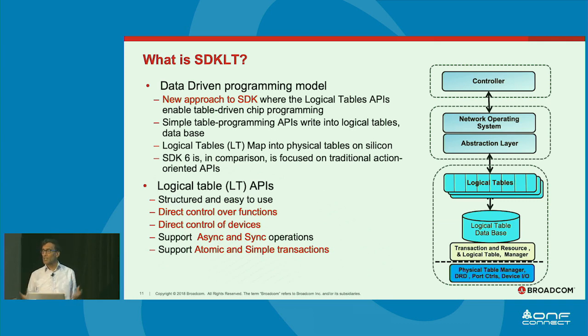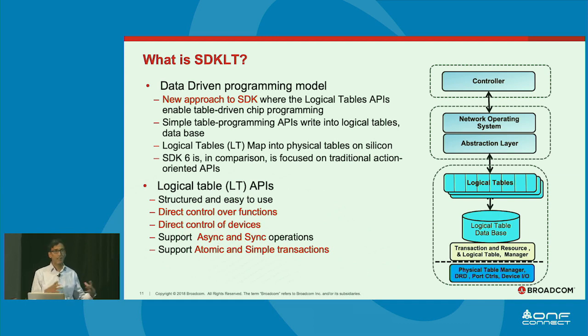The other is that because you want to do model-driven and automated ways of doing things, can we give a table-driven interface to the ASIC or the device you have? Can everything be looked at as a table, including your actual tables as well as some of the controls you have? There are multiple aspects to it, and we will get into that. Not only the logical view, you can also get a physical interface.